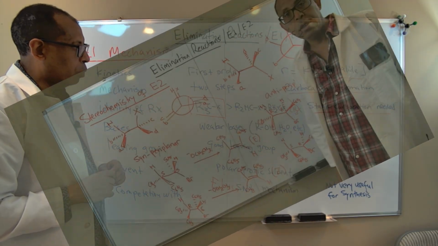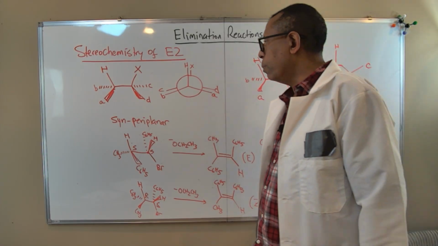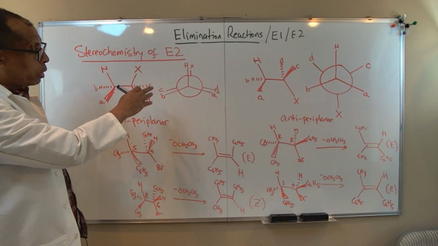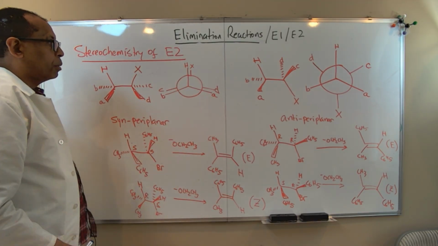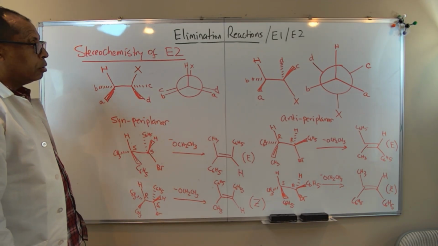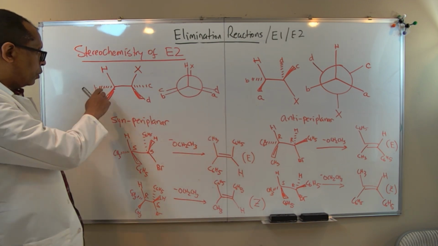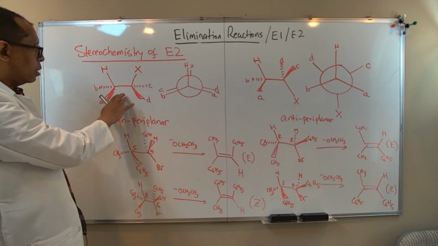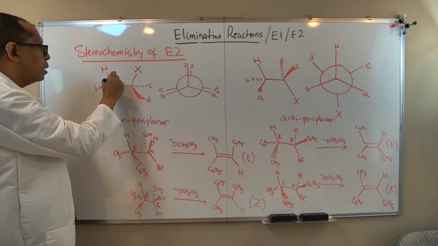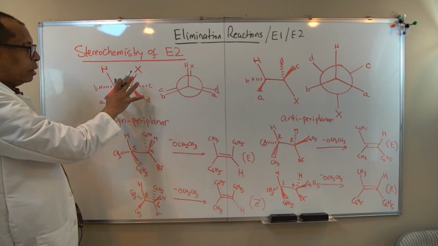So we'll continue. The discussion on the stereochemistry of the E2 reaction is very important because there is a requirement where the alpha proton, the beta proton, and also the alpha halide should be antiperiplanar. What it means is that if you have a stereochemistry such as this, both the hydrogen on the beta carbon and the halide on the alpha carbon are in this configuration.